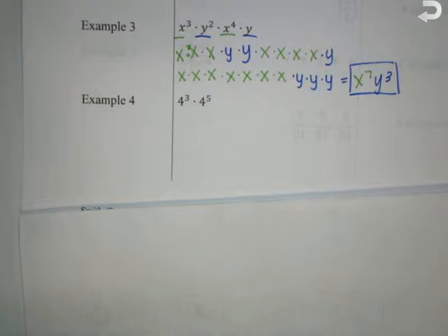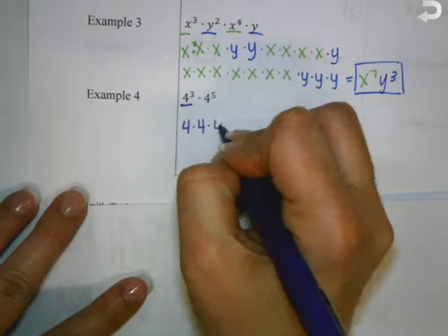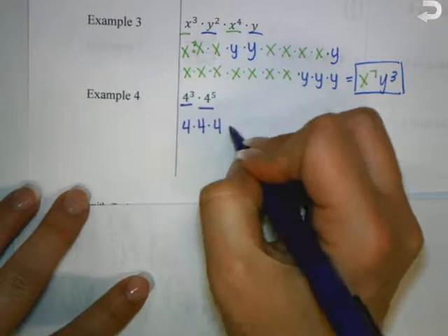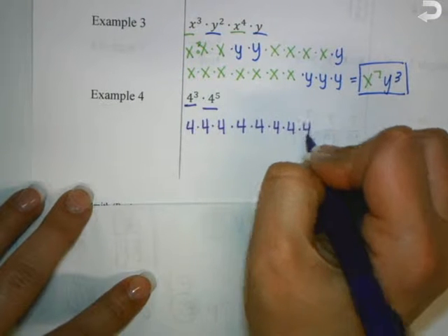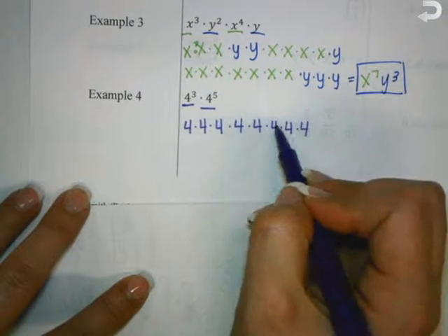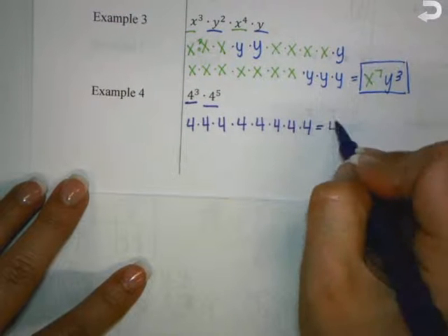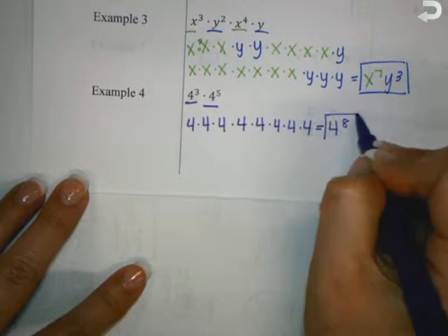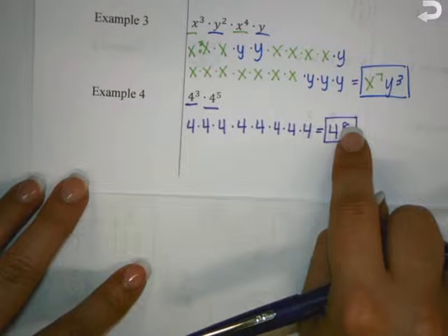So this is the same as 4 times 4 times 4 times 4 times 4 times 4 times 4 times 4. 1, 2, 3, 4, 5, 6, 7, 8. So that's going to be 4 to the 8. We don't have to multiply all this out because 4 to the 8th is a really big number. So you can just leave it as 4 to the 8th.